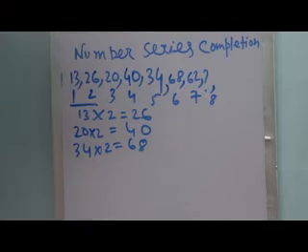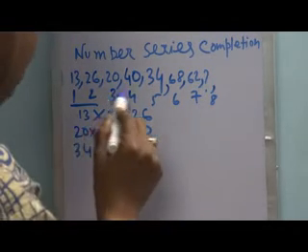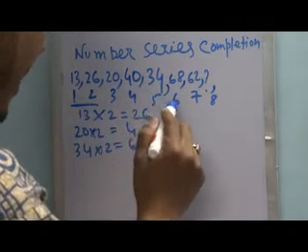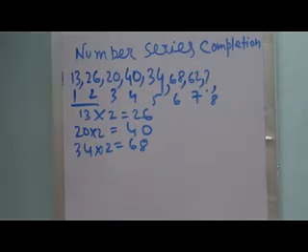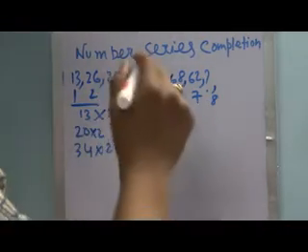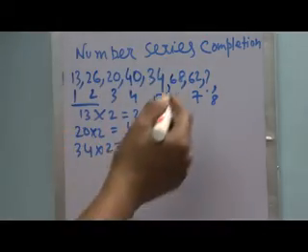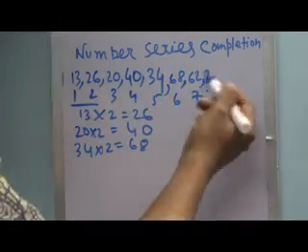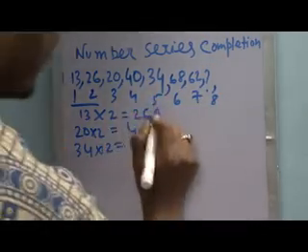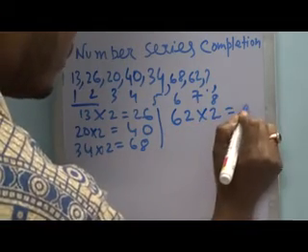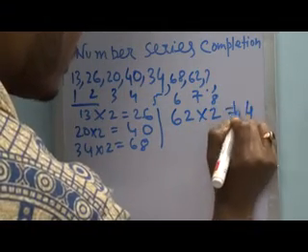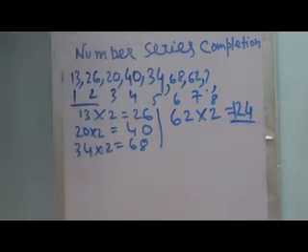So what should be the relation between the numbers in position 7 and position 8? That is 62 into 2 equal to 124.